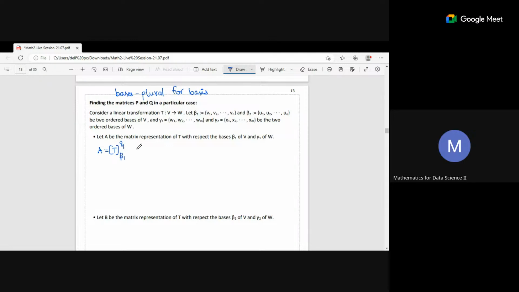You first find TV1, TV2, up to TVN, and you express them as a linear combination of all these W's.